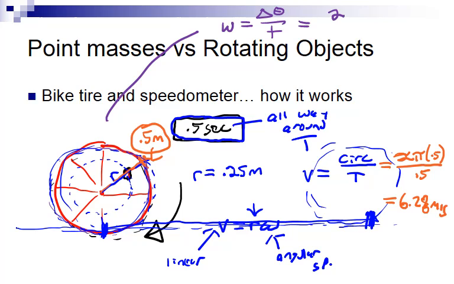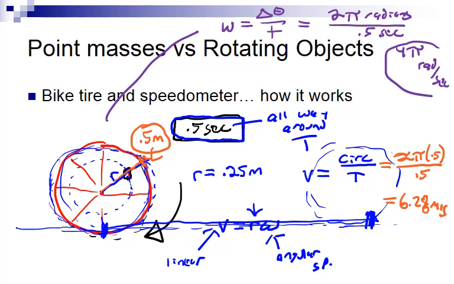So let's say it goes all the way around, 2 pi radians, in 0.5 seconds. And so we would get 4 pi there, right? So 4 pi radians per second.